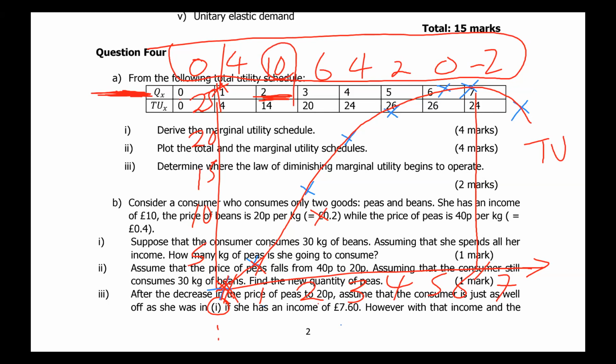Then 3, 6. 6 is just above 5. Then 4, 4, just below 5. And 5, 2 is here. 6, 0 is somewhere here. Then 7, -2 will be down. So to graph this, you're just joining these points.